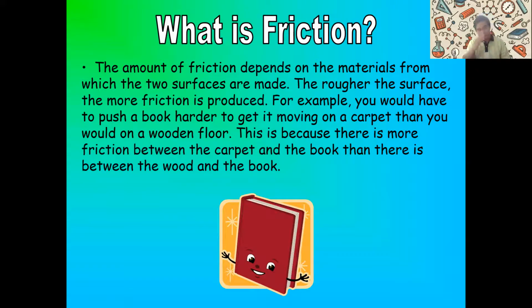Let me find an object that is a bit rough. Can you see it? It's a rough plastic. It has more friction than this one, a laminated paper. This has less friction because it is not very rough. In fact, it is very smooth.